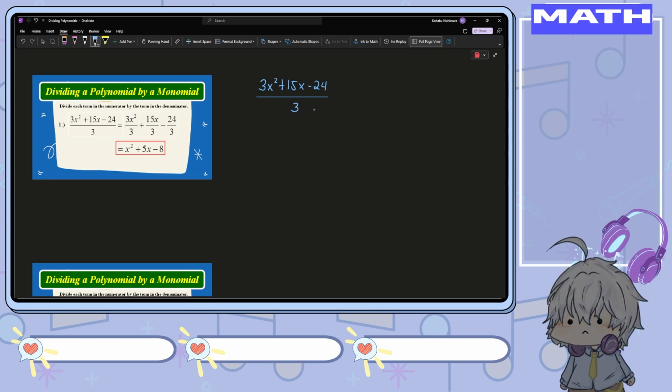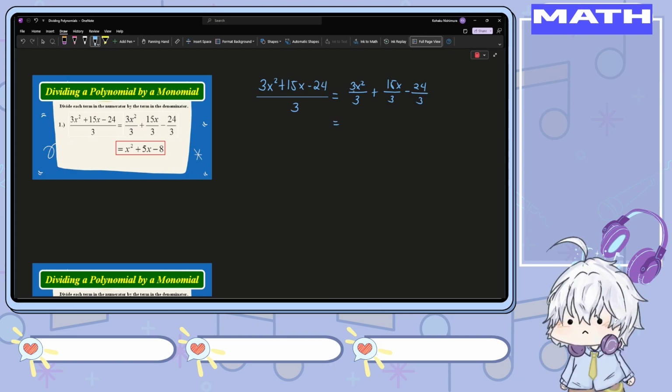3. What we do here is we divide each of the terms by 3, being 3x squared over 3, and we continue with the rest, 15x over 3, and minus 24 over 3.